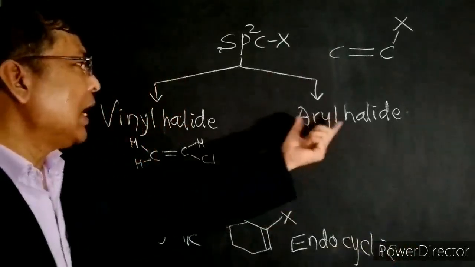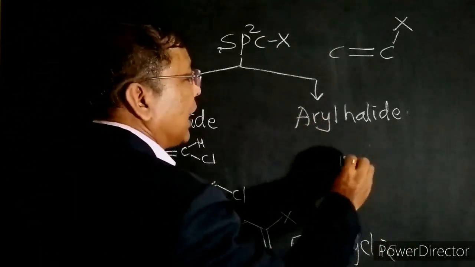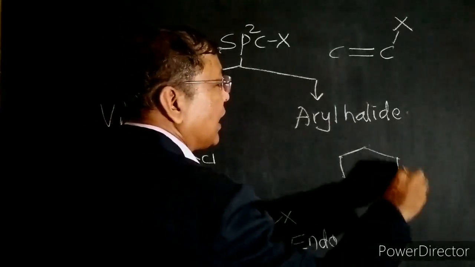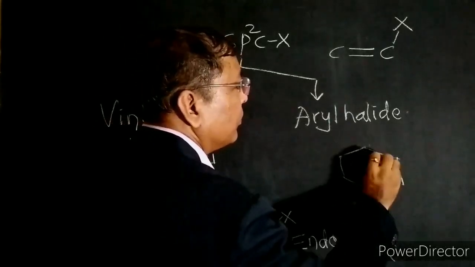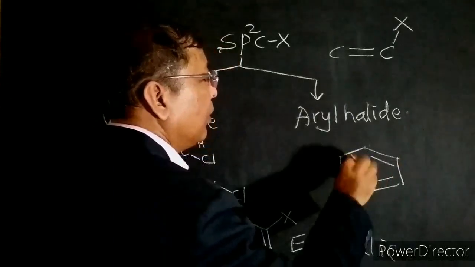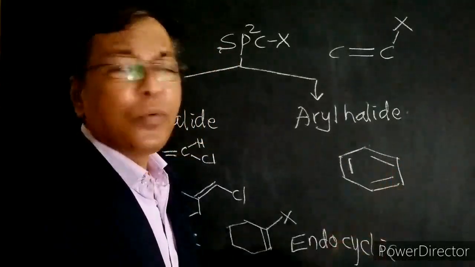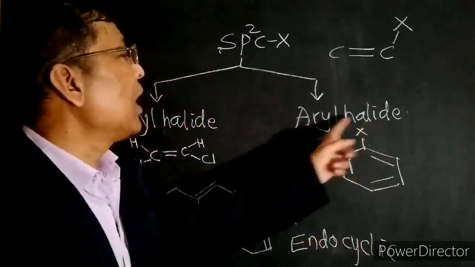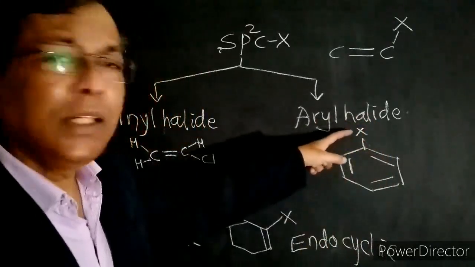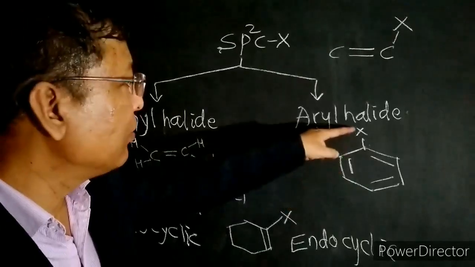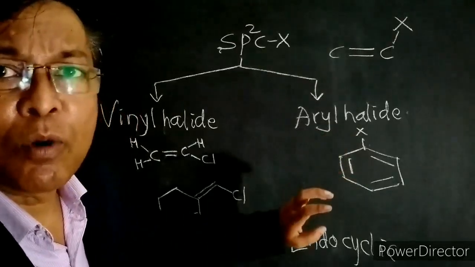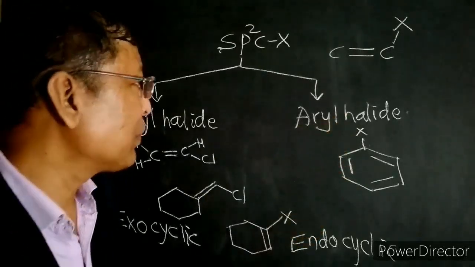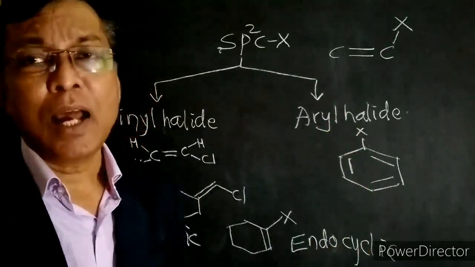And aryl halides are those in which the halogen is attached to the carbon-carbon double bond of the benzene ring. So this is aryl halide. If chlorine is present, it is called chlorobenzene. If bromine is present, it is called bromobenzene. If iodine is present on the benzene ring, it is called iodobenzene.